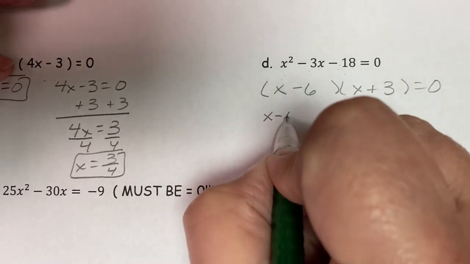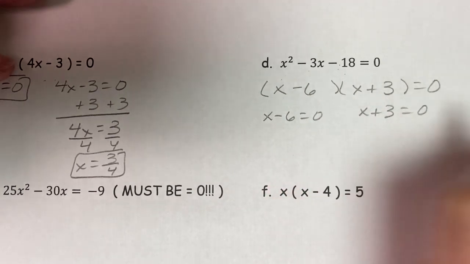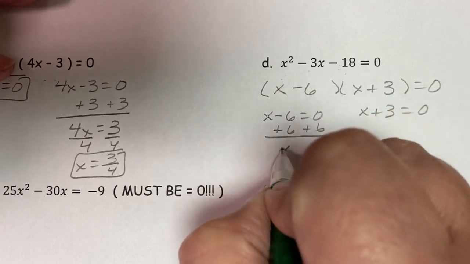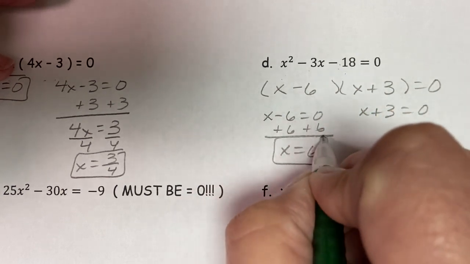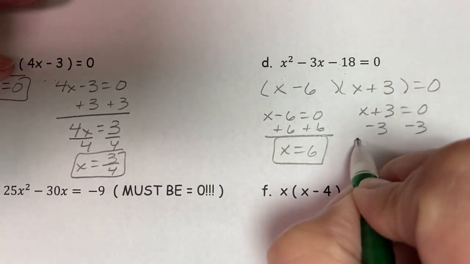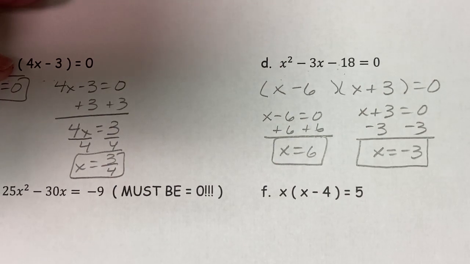So if I take each of those factors and set them equal to 0, here I'd add 6 to both sides. So my first solution is going to be 6. And I would subtract 3 from both sides. So my second solution is going to be -3.